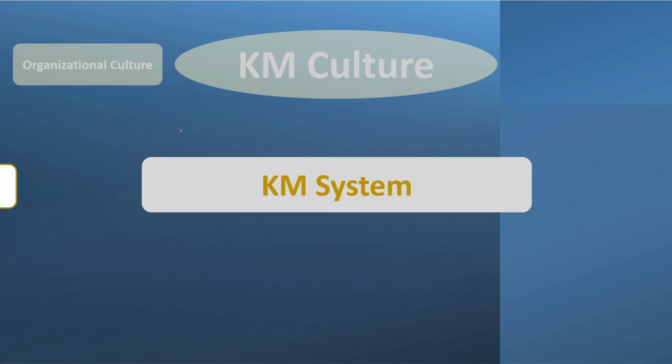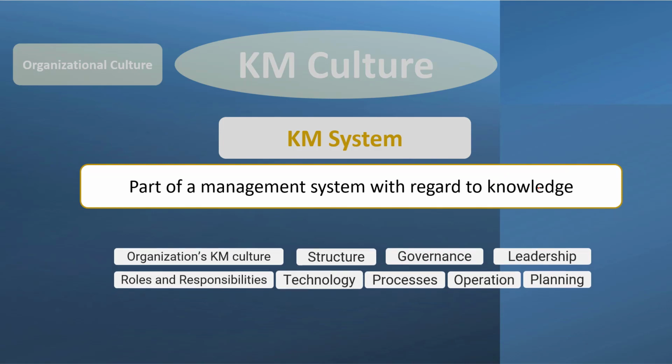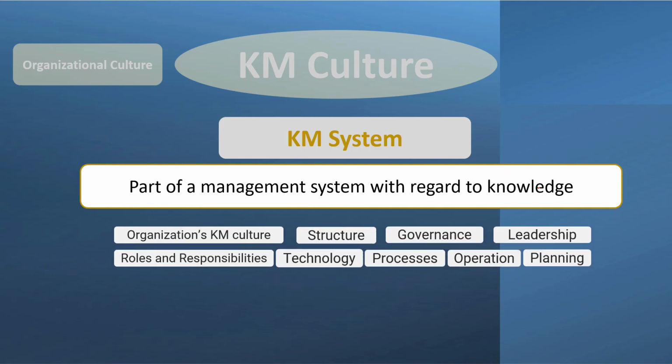The second thing is the KM system. What is a knowledge management system? According to the ISO of KM, 30401, a KM system is a part of a management system with regard to knowledge. It means that the KM system elements include the organization's knowledge management culture, structure, governance, leadership, roles and responsibility, technology, processes, operation, planning, and all things related to organization and knowledge.